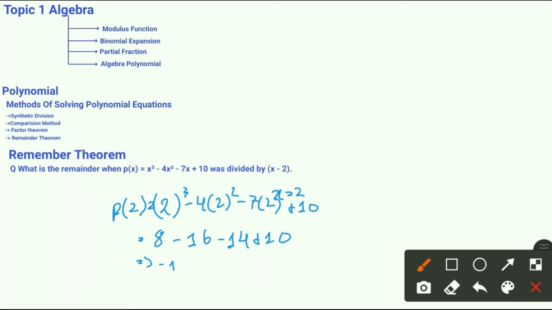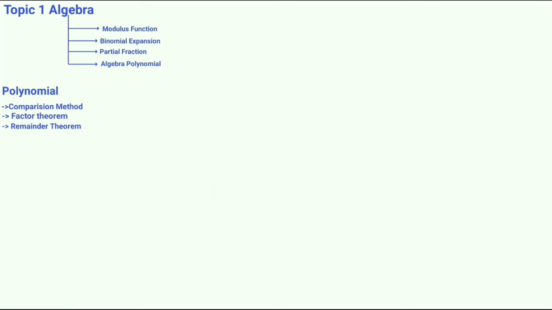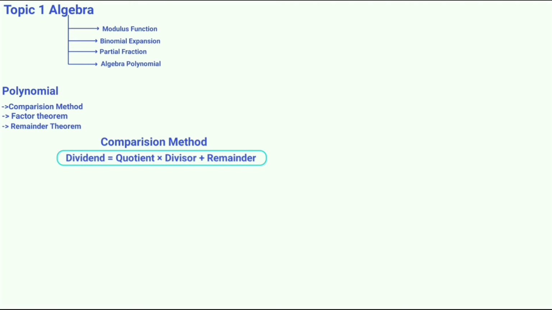So minus 12 is the remainder. Okay. Yes, that is the remainder. So this is the remainder theorem. These are the methods of solving polynomial equations. Again, we're going to see more clearly what is comparison method, what is factor theorem, what is remainder theorem.